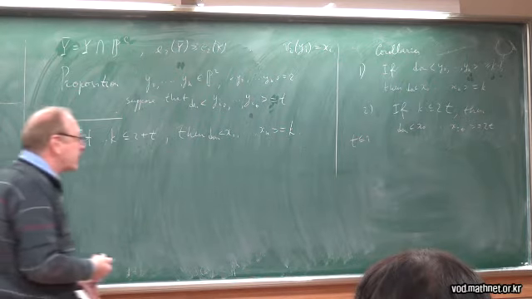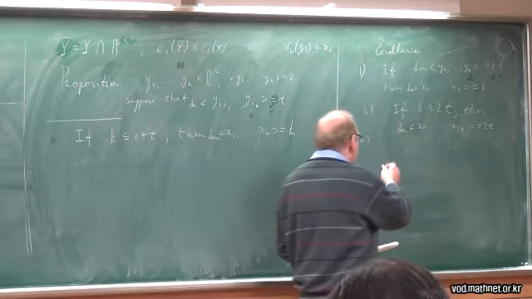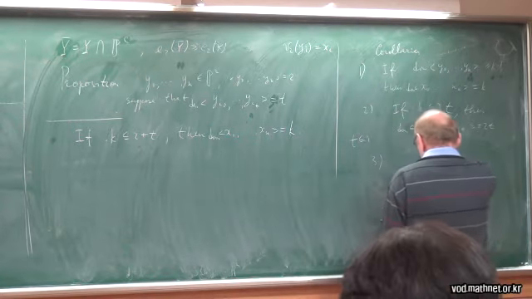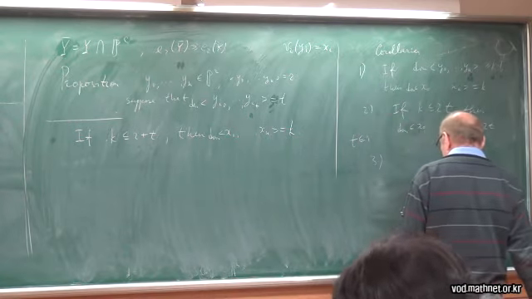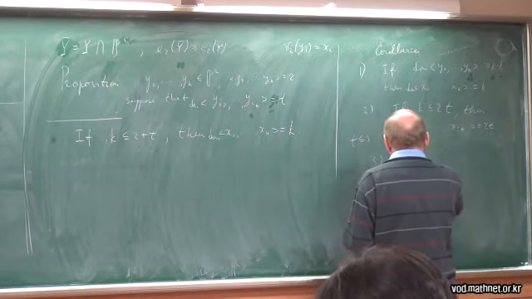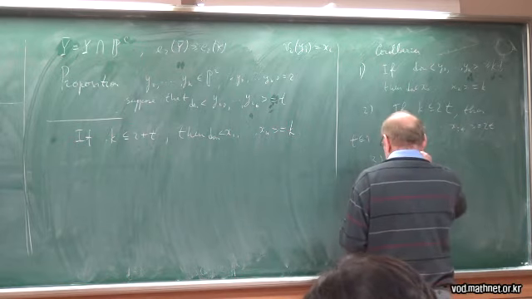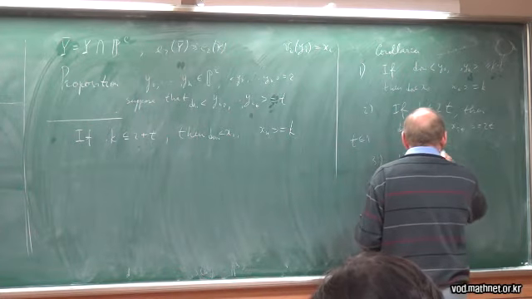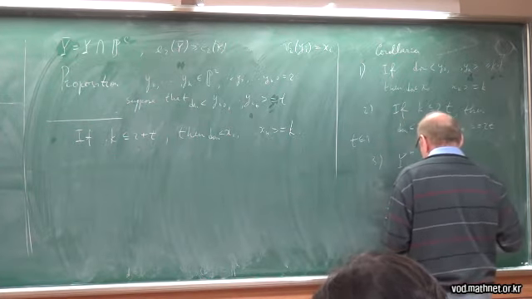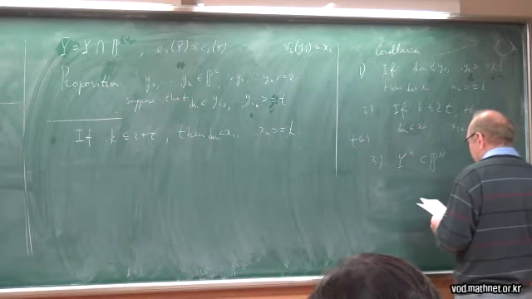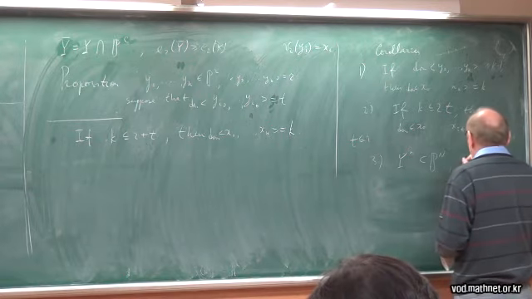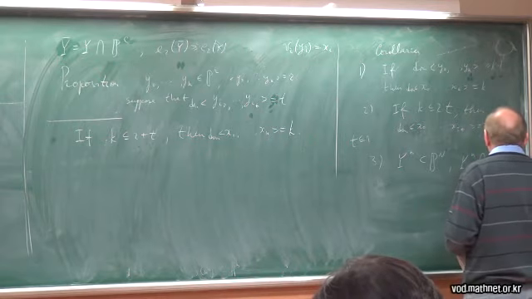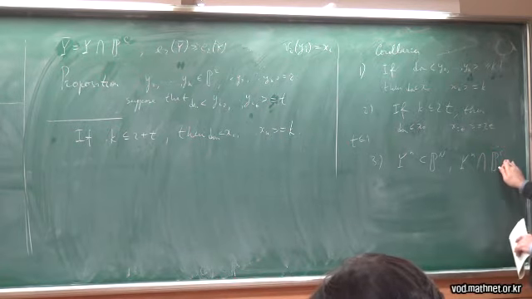And the third one, which I really need, is an immediate consequence of 2. Let's consider a variety as above, and we take the intersection of y with a general linear subspace of codimension c.